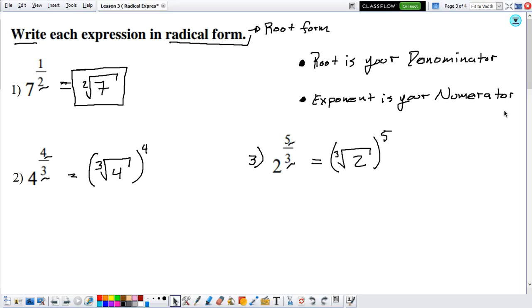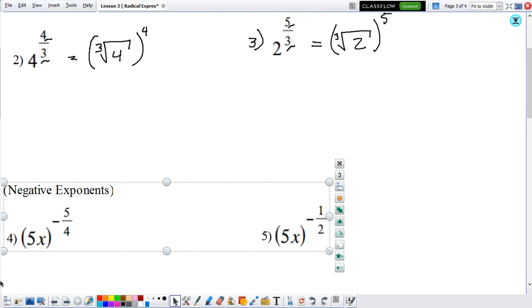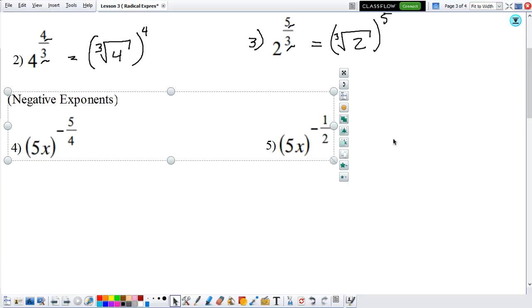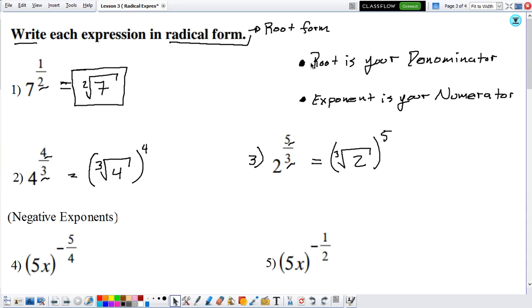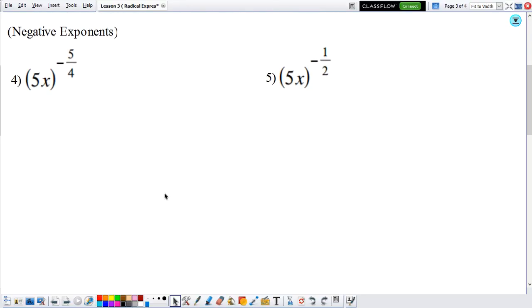Now lastly, let's look at examples where we have a negative exponent. Let's bring this example to the top. Here in example 4 and example 5, we have some negative exponents, but still, we want to rewrite this in root form. But just like we did when we were simplifying exponents, try to rewrite everything as a positive exponent.